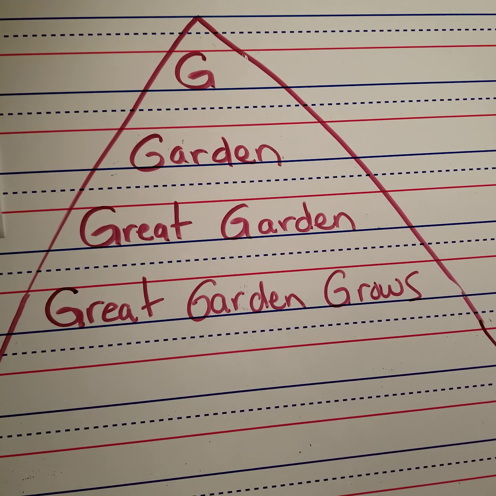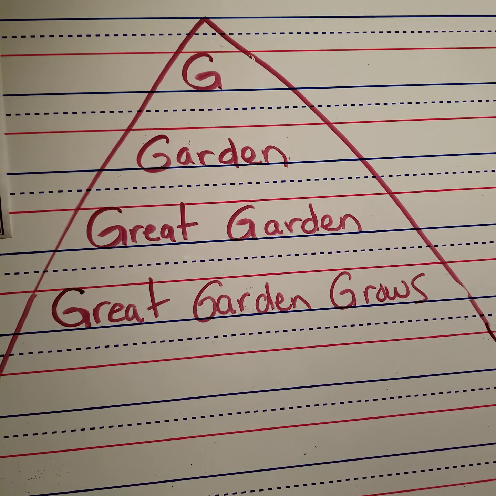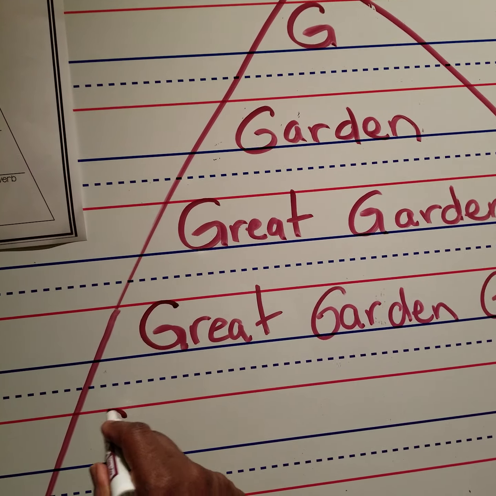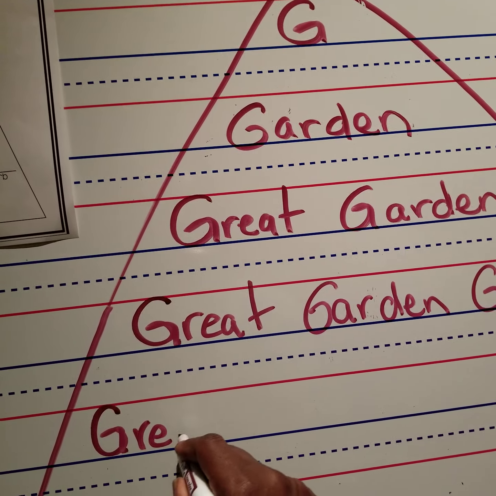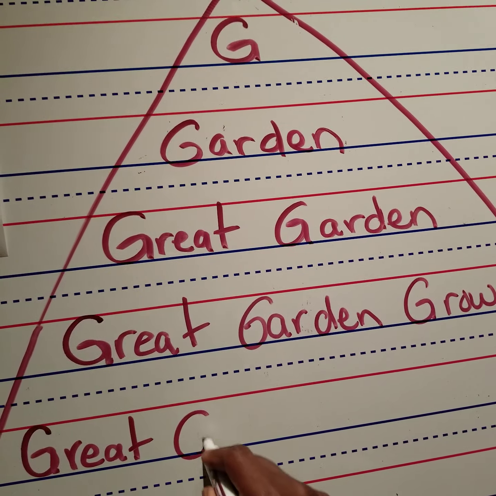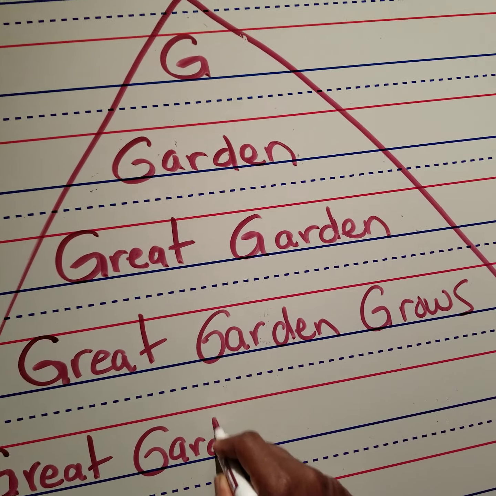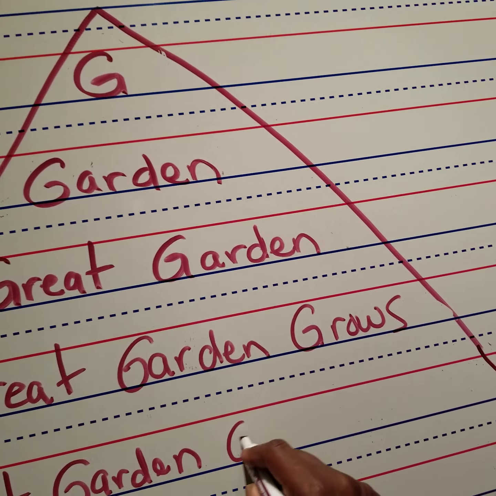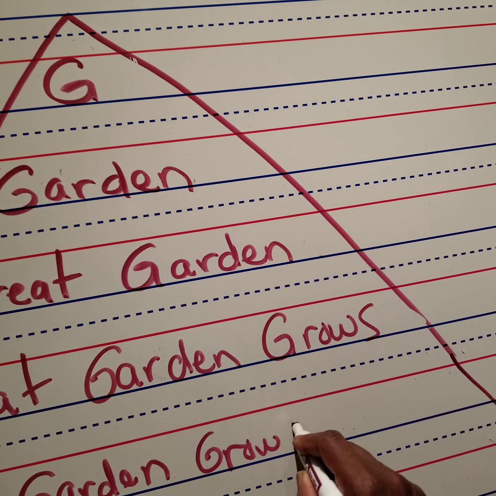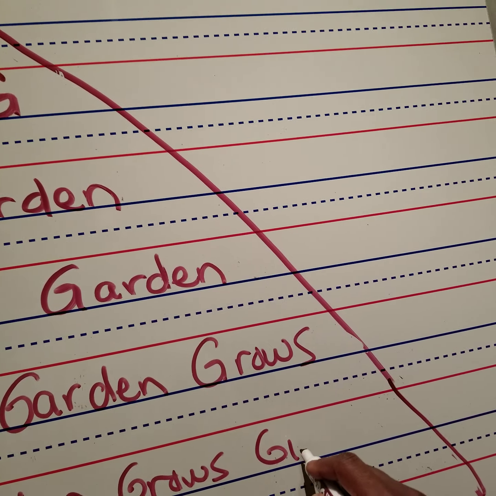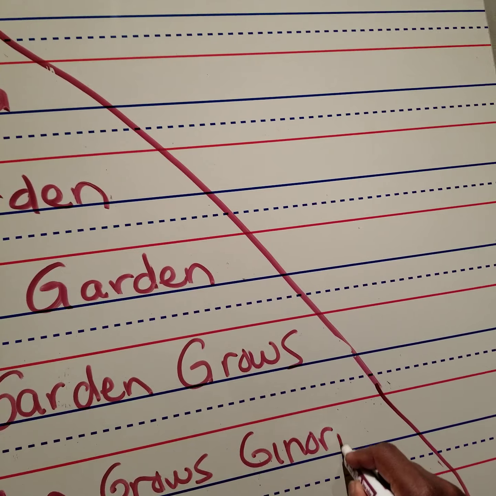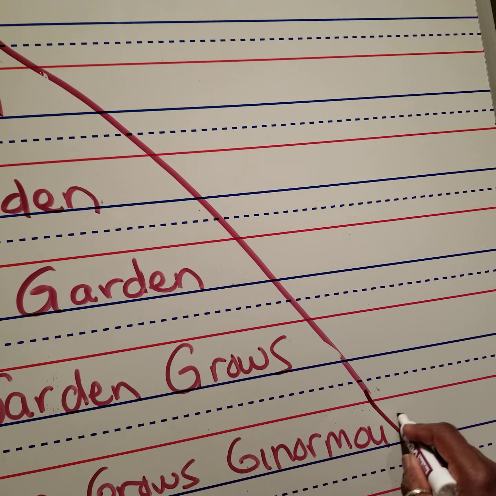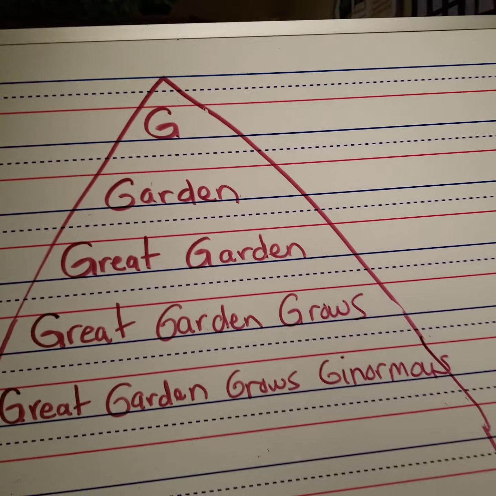So then I have to describe how my garden grows. So I'm going to put great garden grows ginormous. Big word. Means big.